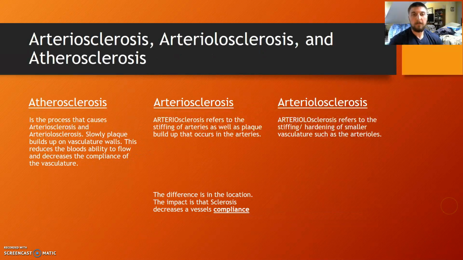So as I did research into PAD, I kept coming across three extremely similar looking words, either atherosclerosis, arteriosclerosis, or arteriolosclerosis. And I had a little bit of a hard time finding a distinction between the three things, but I found a video on Khan Academy which described it rather nicely. Atherosclerosis is more along the lines of a process.